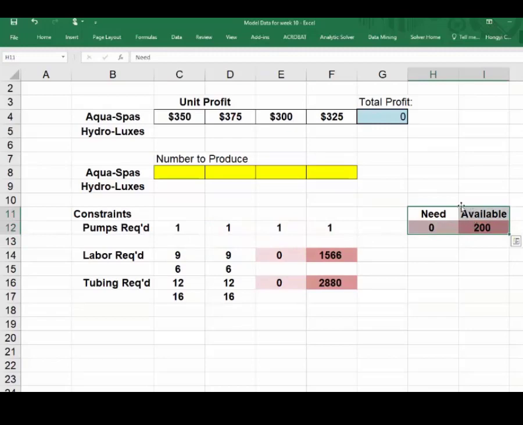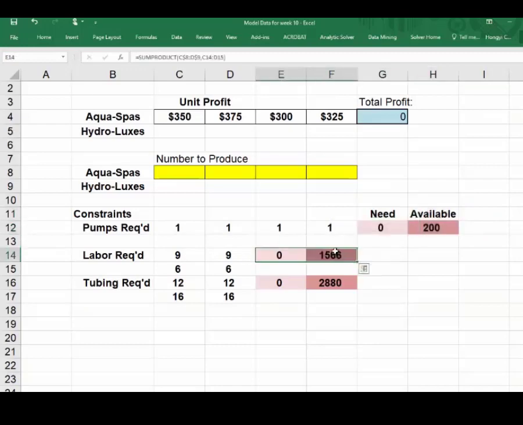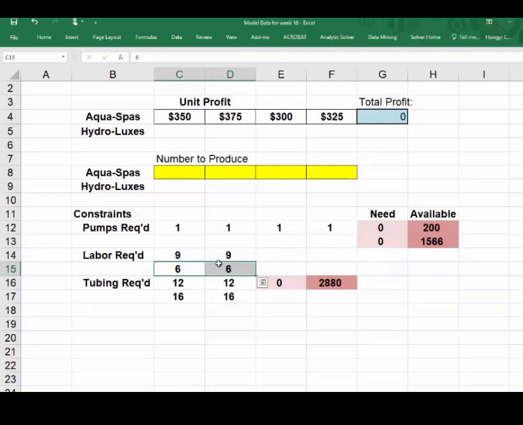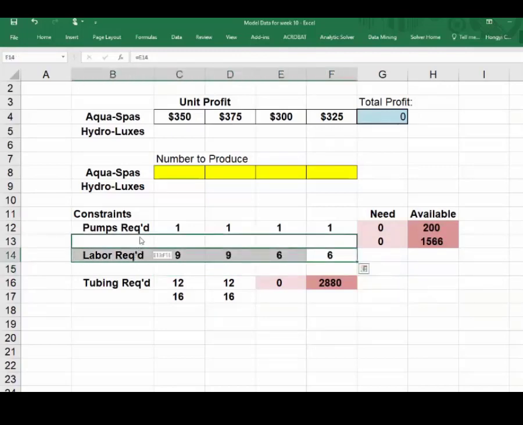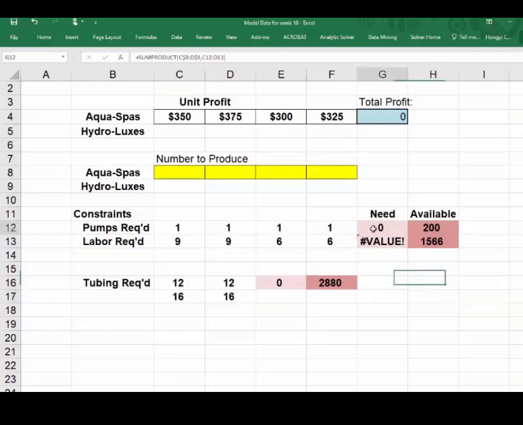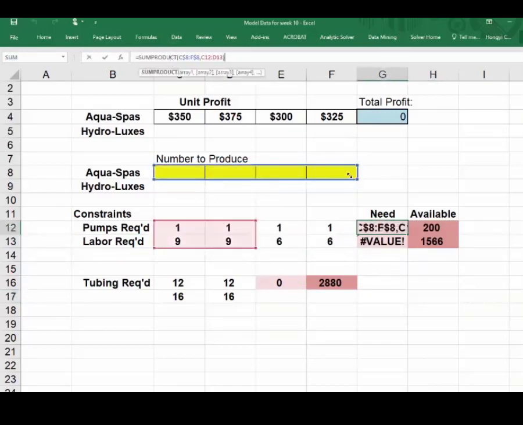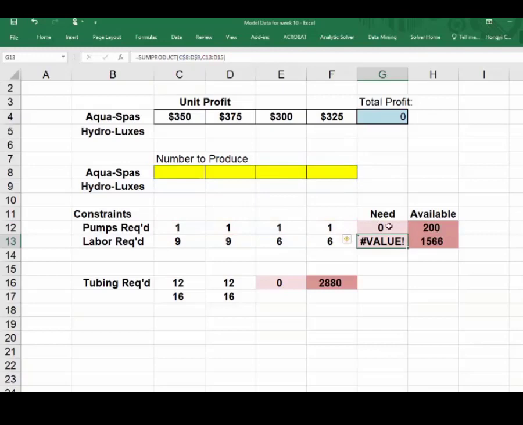And this way may be easier later when you define the constraint table. For example, like this. Okay, then we'll have to change the formulas inside. The formulas will be the sum product of those ones, like this, and then copy.